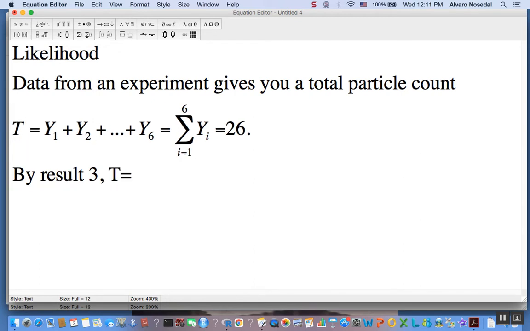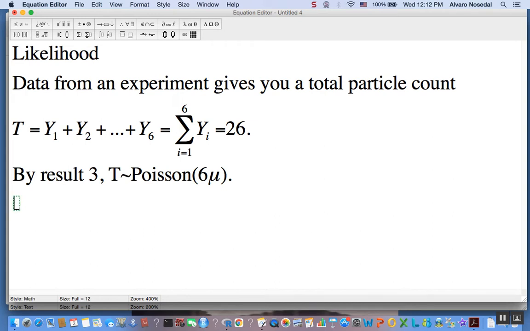T has a Poisson distribution, and since we have 6 of these, the parameter for T is going to be given by 6 times mu, where mu would be the expected value or the parameter for a single observation. Remember that we talked about that result using MGFs.